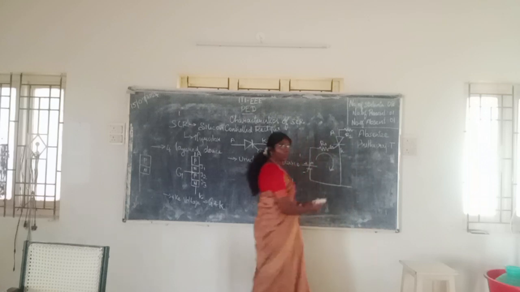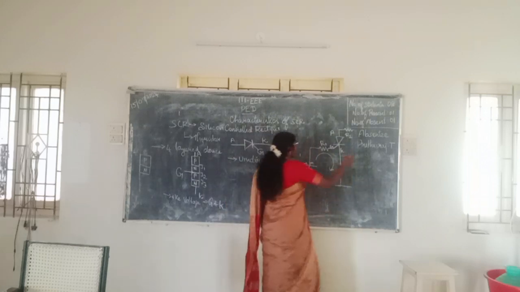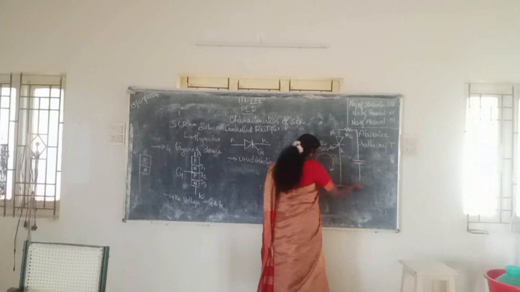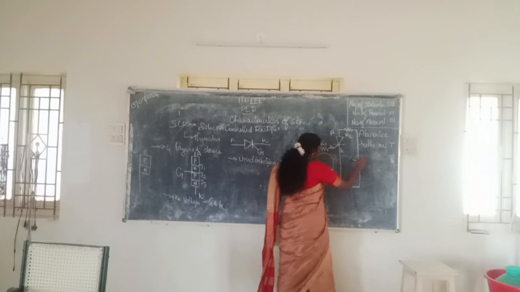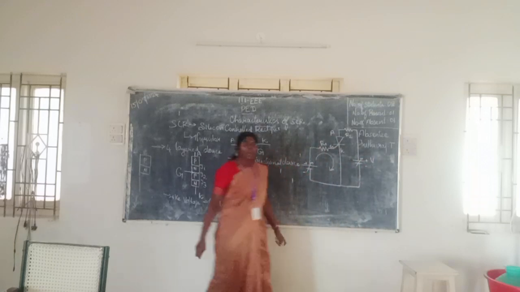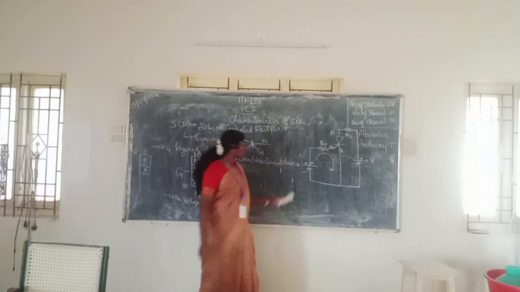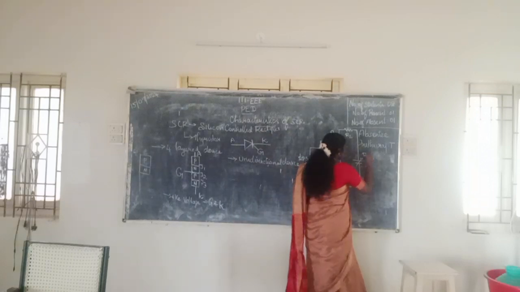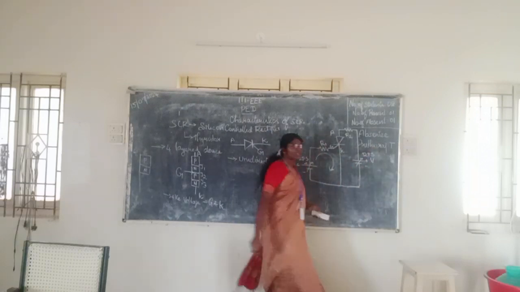Instead of measuring the output voltage, for the other mode of operation, we will be having an input voltage supply towards the other side also. So we will be having two RPS, one over here as well as one on this side.